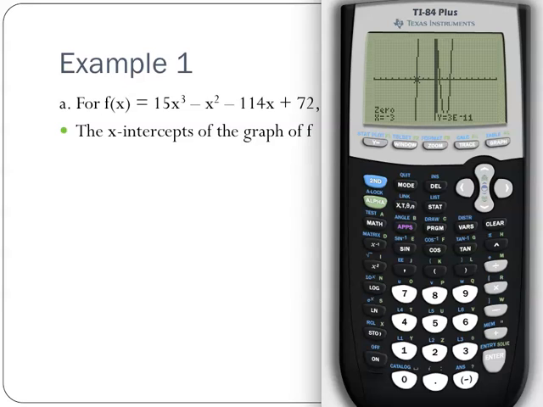All right, we're going to do the same thing with the other zeros. It looks like our next 0 is at 2/3. And one last 0 to find.